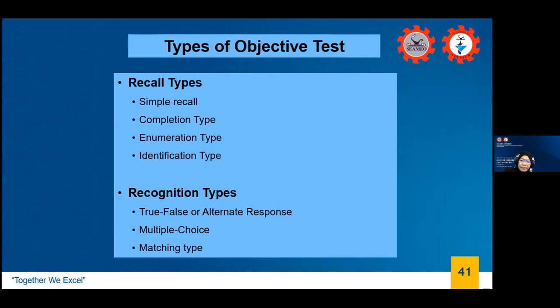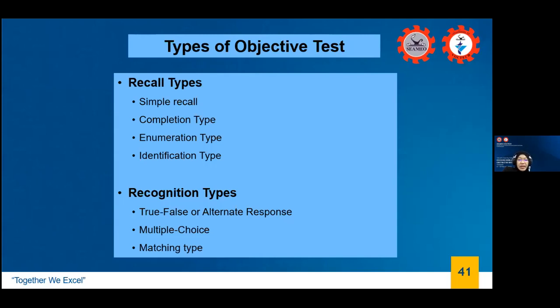You discuss an example of the difference between the true-false statement. Okay, just to share with everyone, when it is alternate response, if the statement is true, then you just proceed. But if the statement is false, then you have to underline what makes the statement false, and then give the correct answer.